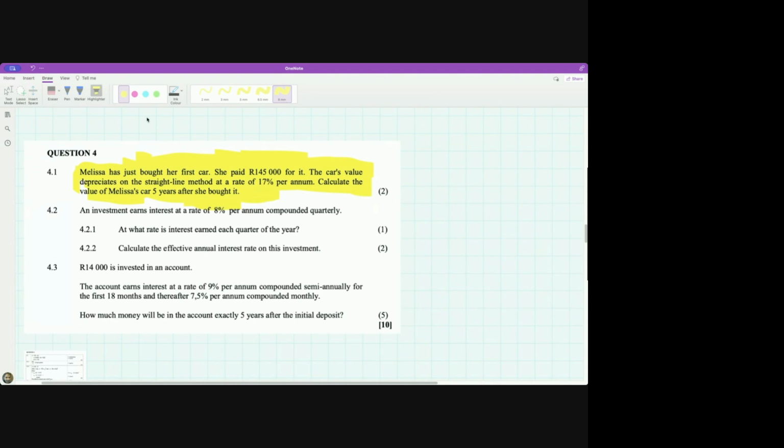So I want you to think about what formula you should be using. So it says, where's that keyword? Straight line method. The straight line method means the simple interest, which means it's going to be that formula.